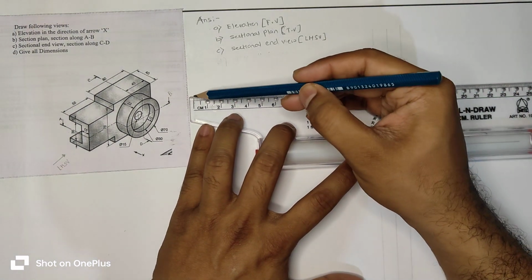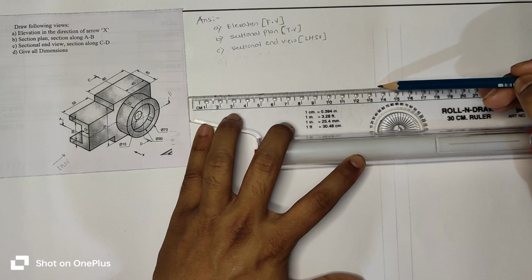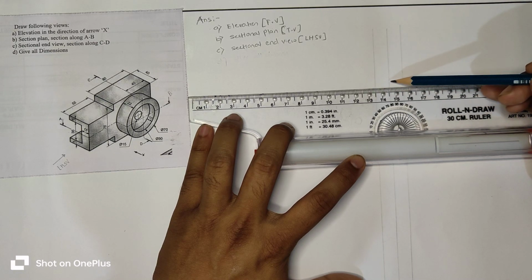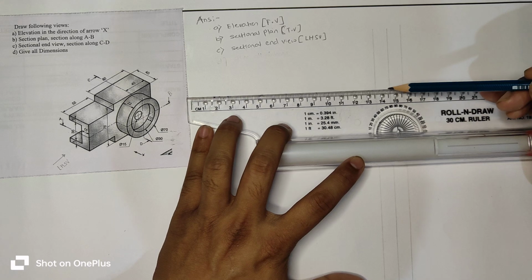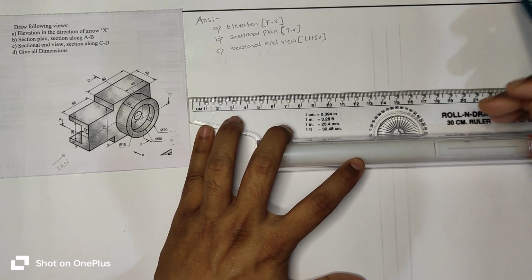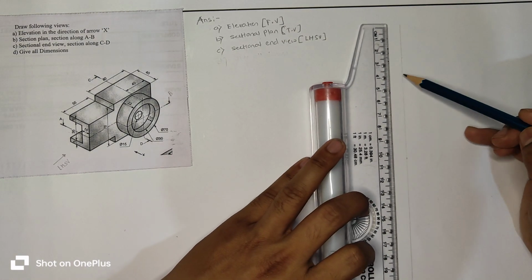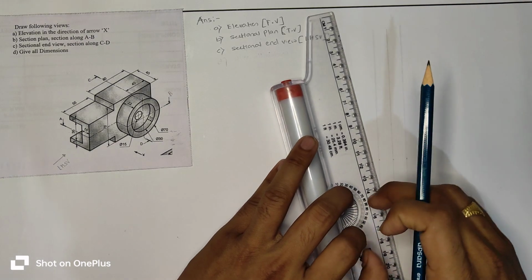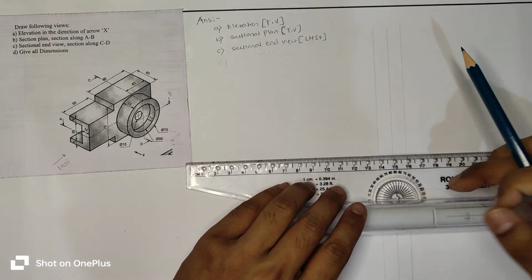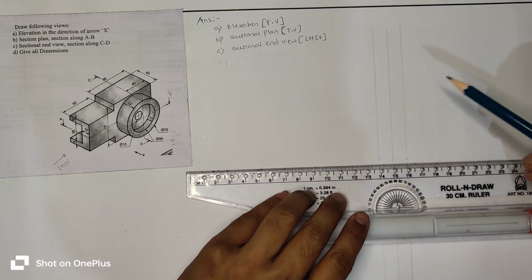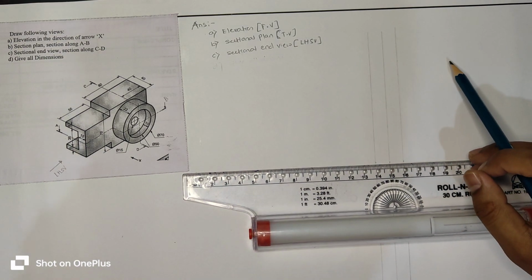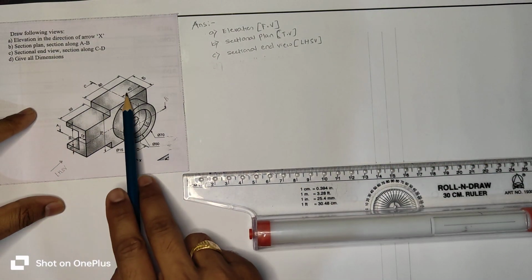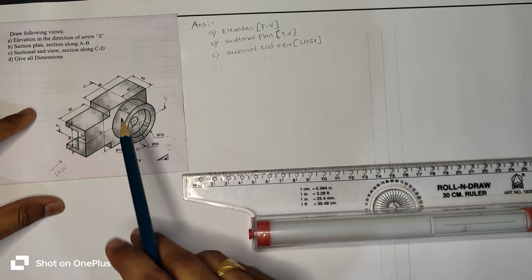From this space we have taken 135, then drawn this vertical line, then again drawn one vertical line at 1 centimeter. Then again we have drawn a total of 3 vertical lines. So this distance is 135 mm.